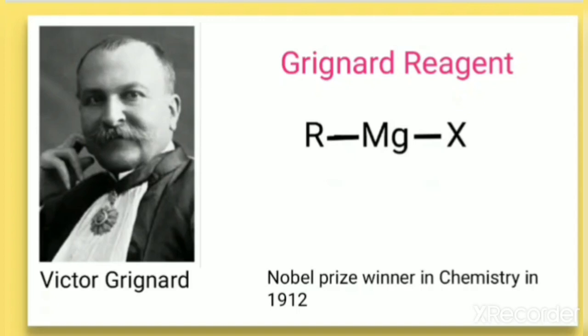For this discovery, Grignard got the Nobel Prize in Chemistry in 1912. This compound has a great variety of synthetic applications and is useful in the preparation of a large number of organic compounds. Let us discuss Grignard reagent structure in detail.